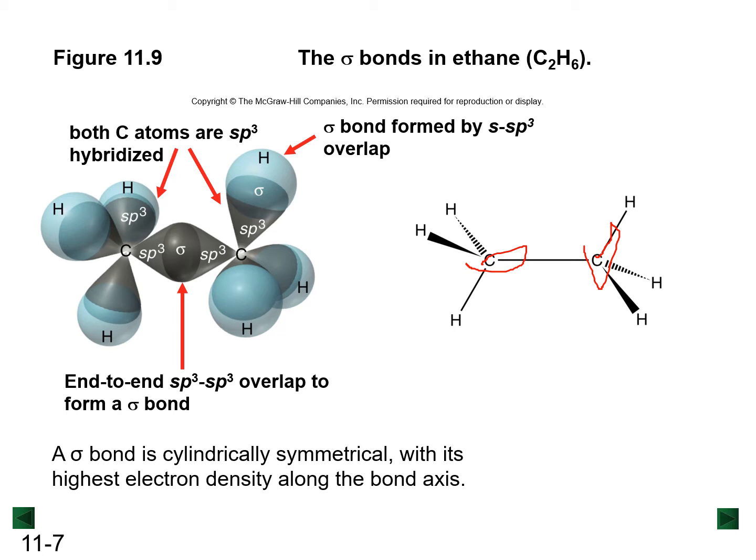So the hybrid orbital involved in the center atom is sp3, meaning that 3 sp3 hybrid orbitals of each C will overlap with one s orbital of hydrogen, forming 3 sigma bonds, and one sp3 of C will overlap with one sp3 of another C to form a sigma bond here.